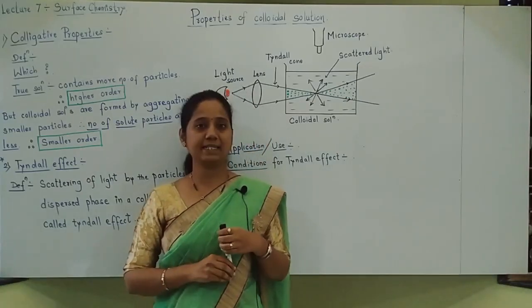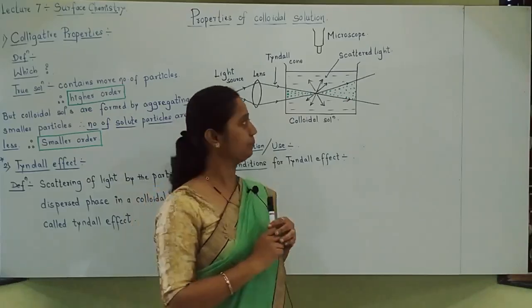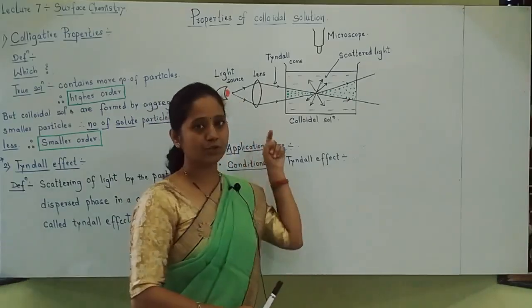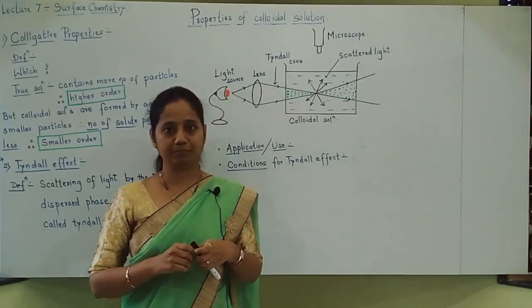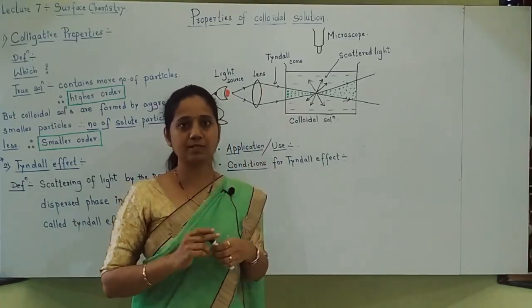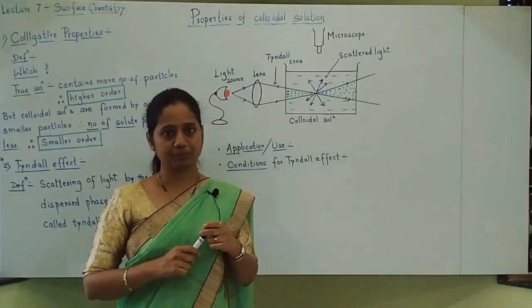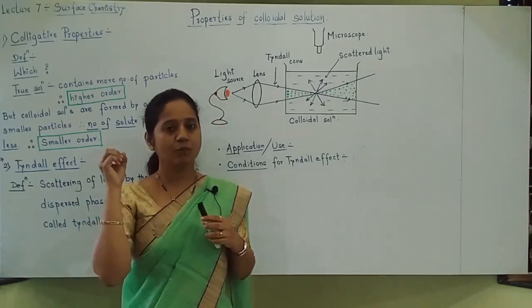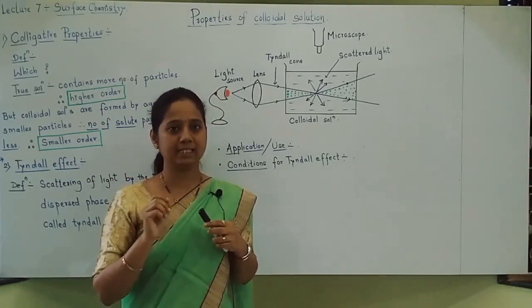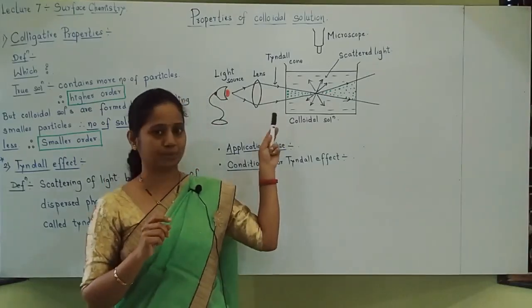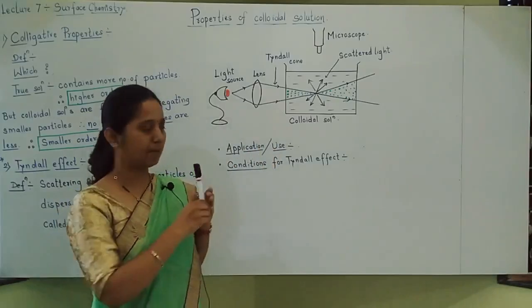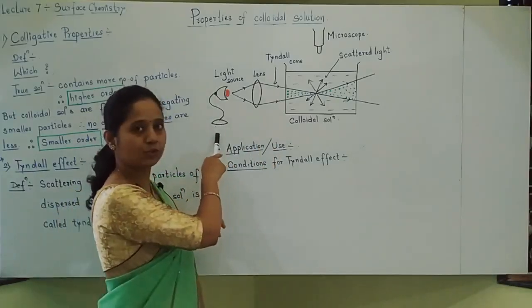How is it carried out? Listen. First understand the experiment. Colloidal solution is kept in a dark room, in a glass vessel or beaker. Then one strong beam of light is passed through the colloidal solution. You can see here in the diagram, one source of light is shown.